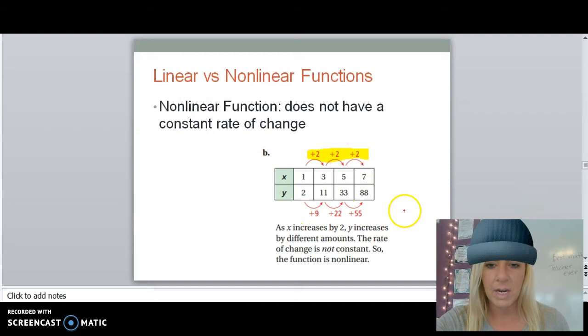This is not constant, meaning it doesn't stay the same. So as x increases by 2, y increases by different amounts. Therefore, the rate of change is not constant, so it is nonlinear.